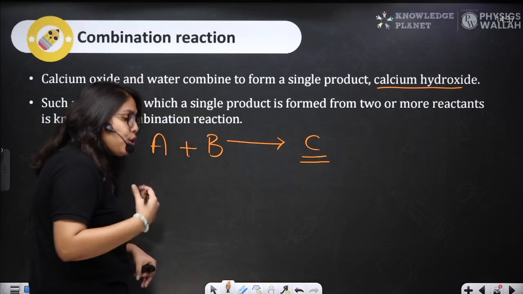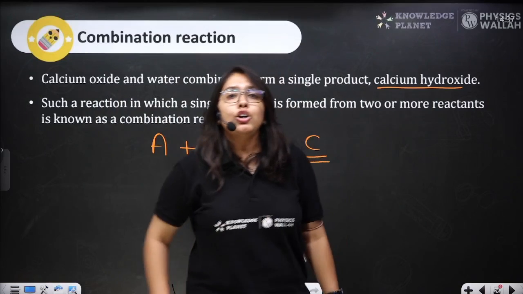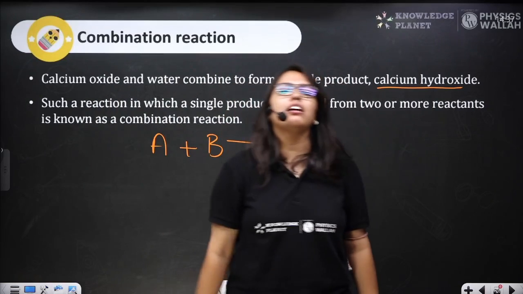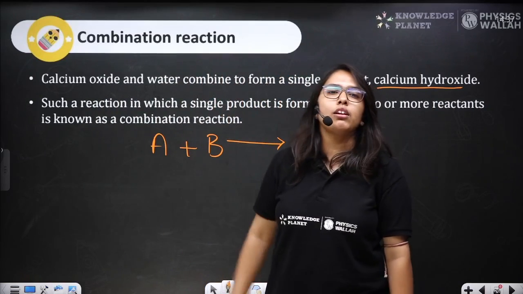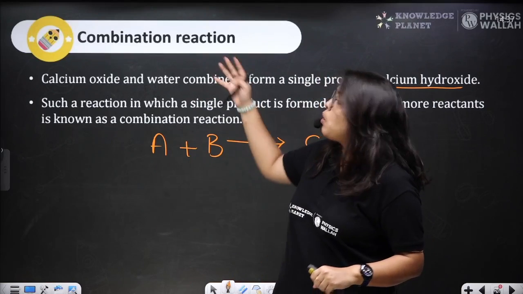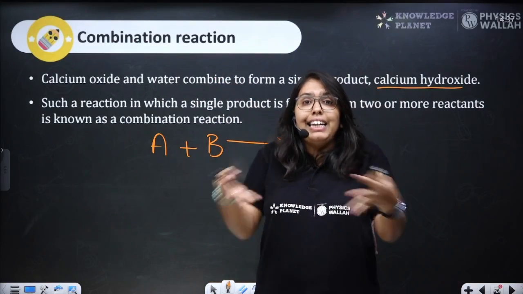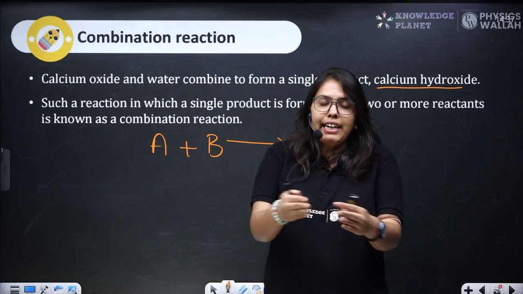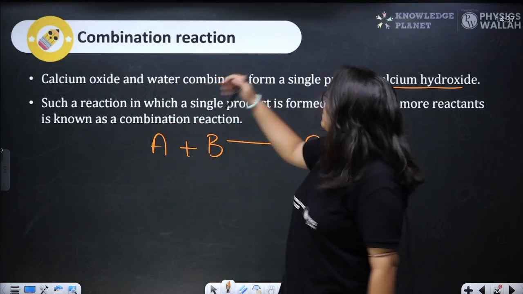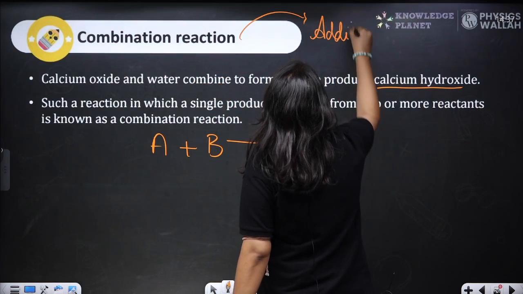That is, when two or more reactants combine to give a single product, it is known as a combination reaction, because combining, addition is taking place. They're adding on to each other. Thereby, combination reaction is also known as addition reaction.